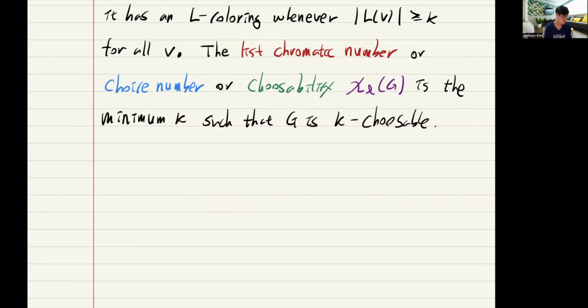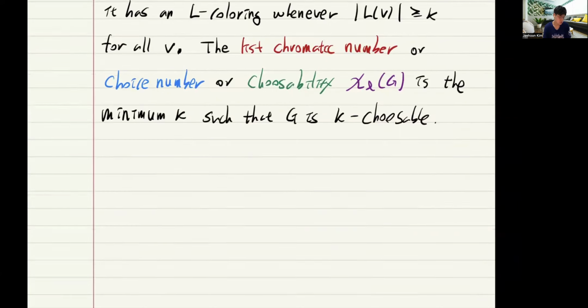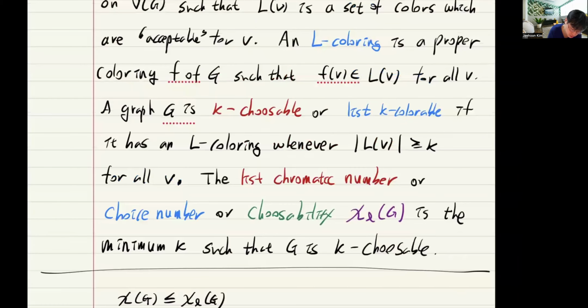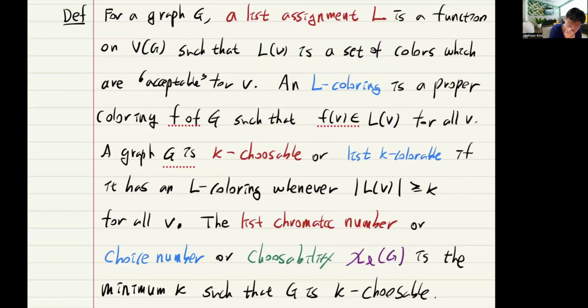Okay, now we have defined this list chromatic number, and what's its relationship with the chromatic number? One obvious thing is that the chromatic number is at most the list chromatic number. This is actually a generalization of the chromatic number, a generalization of proper coloring.